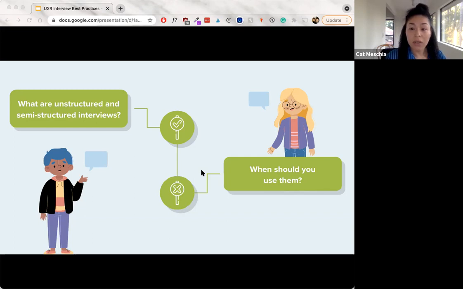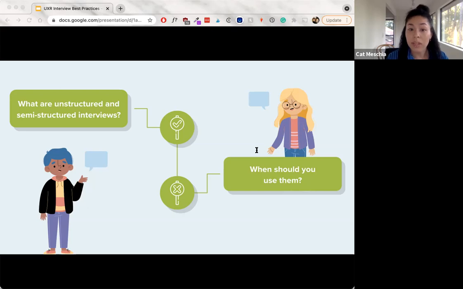Now, what makes an interview structured or semi-structured? As you can probably infer, unstructured and semi-structured refer to how strict your interview script is. For example, in a completely unstructured interview, you'll go in with your general learning goal, but without a specific question set. For a semi-structured interview, you would have a discussion guide with prepared questions, but there's some allowance for natural divergence and exploration throughout the interview.